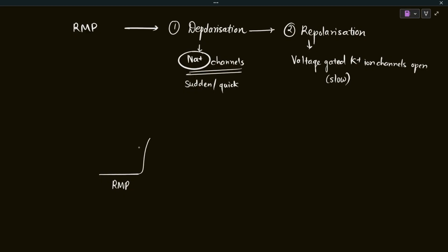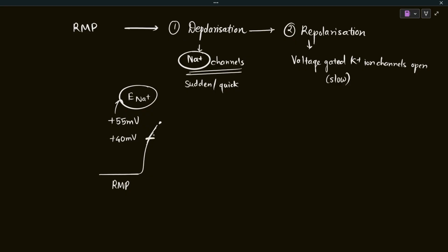It will reach plus 40 millivolts, but it has the potential to reach plus 55 millivolts, because that is the equilibrium potential of sodium ions. The membrane should have that much potential because it has that much concentration of sodium ions, but it never reaches this value. Why?